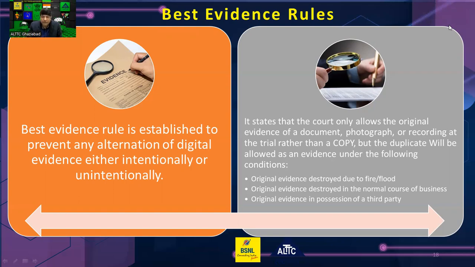Original evidence destroyed due to fire, flood, and the like. Original evidence destroyed in the normal course of business. Original evidence in possession of a third party. Otherwise, you always need the real, original data.